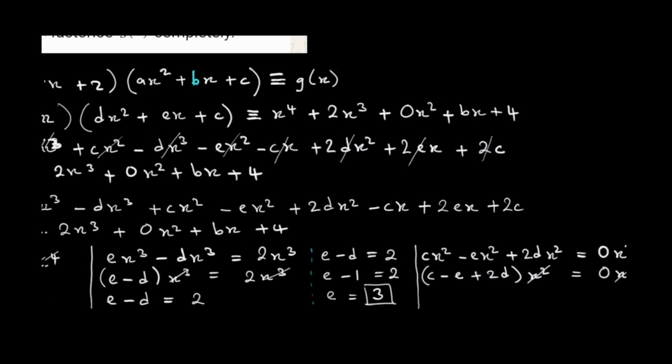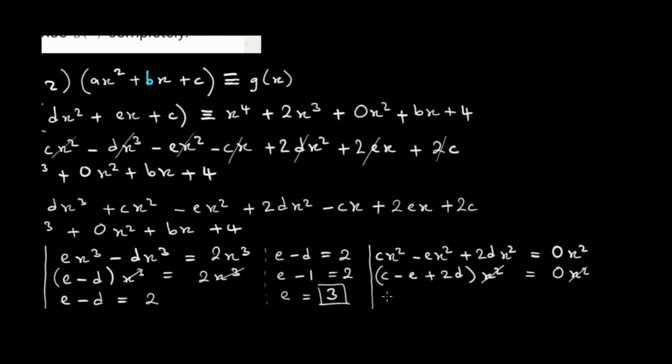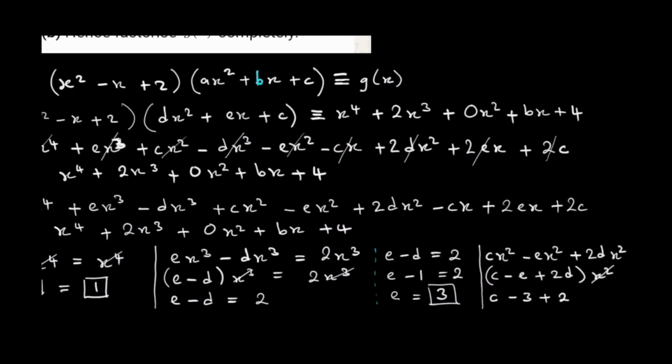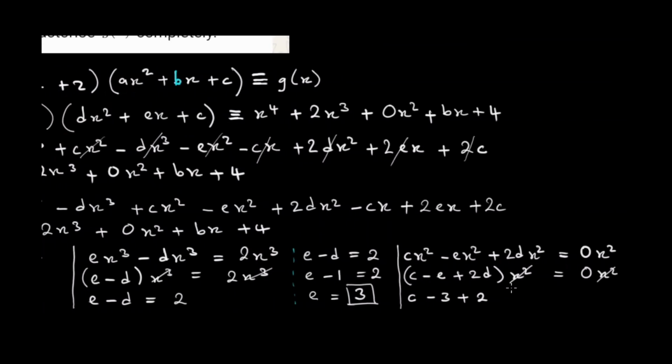Then we have not yet found c, but we have calculated d and e. So here we say c is unknown, but e is 3, so c minus 3 plus 2 multiplying 1 just remains 2, since 2d is 2 times 1, and d is 1. So here this is equal to what? It is equal to 0.